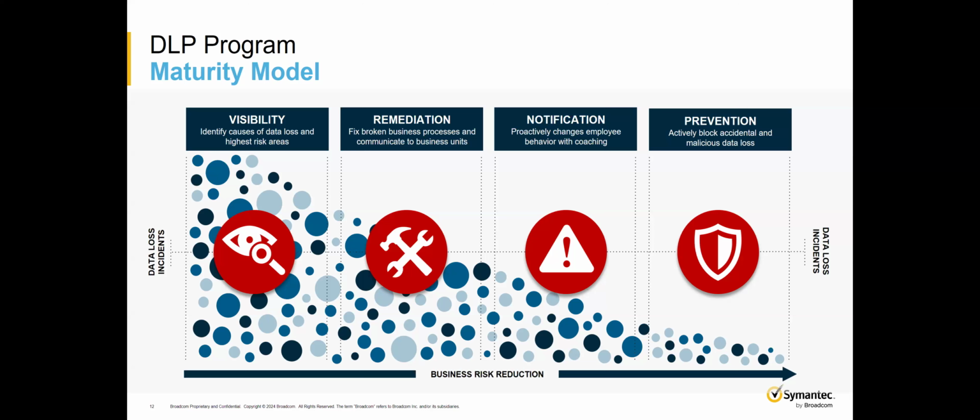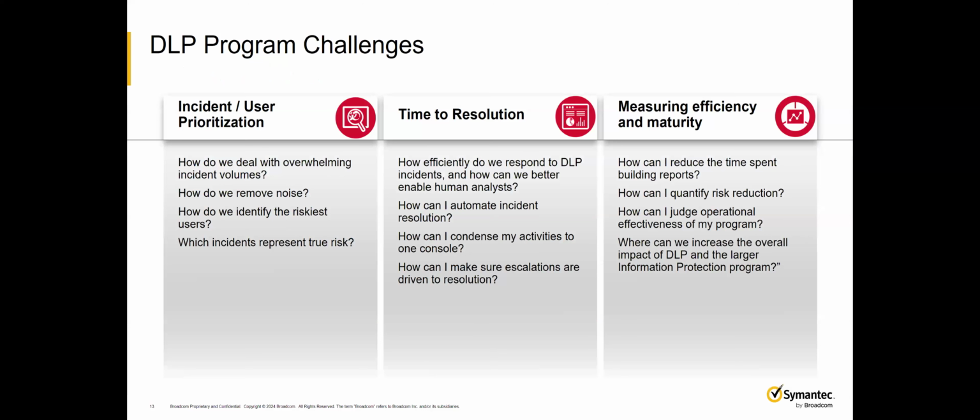So the point here is, for this 4-stage maturity model, it's great, and it will eventually get you to where you want to be, but it's not without its challenges. So the next couple of slides, I'm going to discuss some of those challenges, and then using ICA, offer some resolutions.